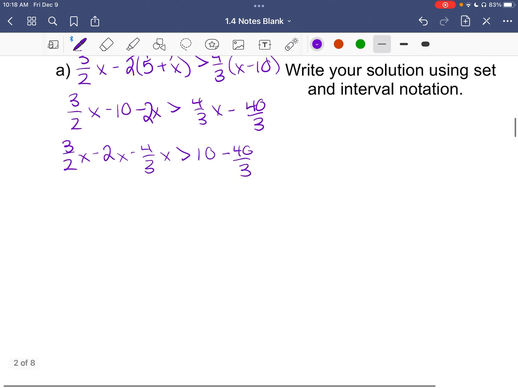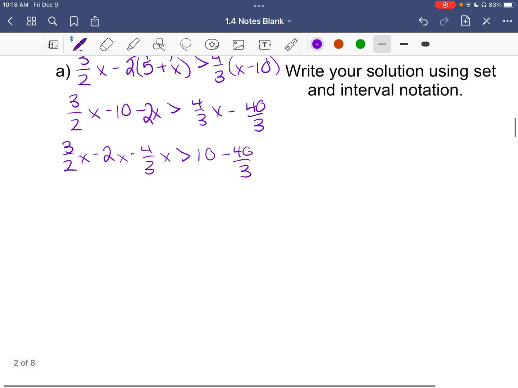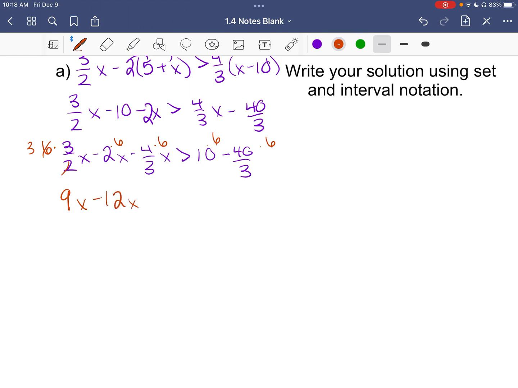At this point we would like to work fraction smart, so we could multiply everything by a least common multiple, which would be 6. So multiply by 6 on every term. That leaves us with 9x minus 12x minus 8x is greater than 60 minus 80.